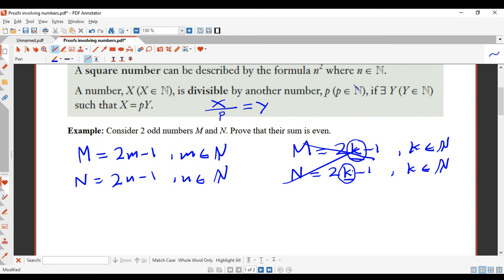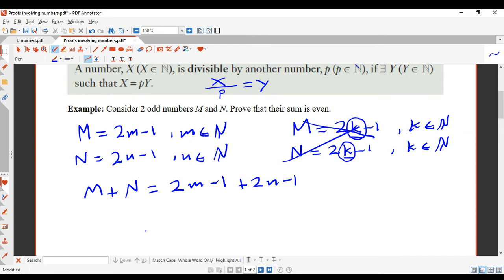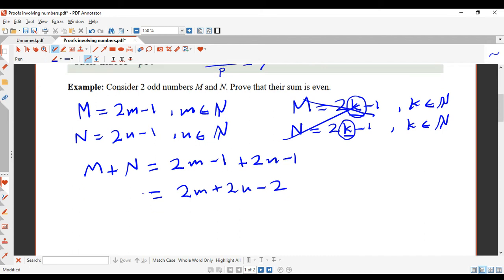Now we've got to prove that the sum is even. So m plus n is equal to 2m minus 1 plus 2n minus 1. That's going to give me 2m plus 2n minus 2. Now we can take out 2 as a common factor, which is 2 outside of m plus n minus 1.